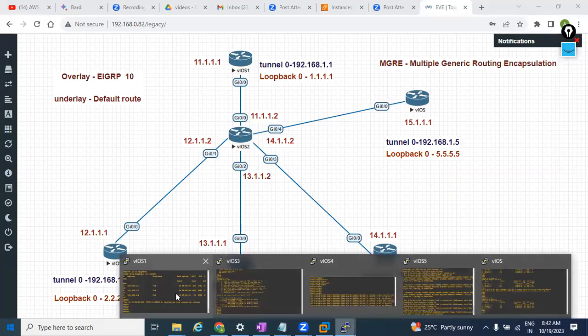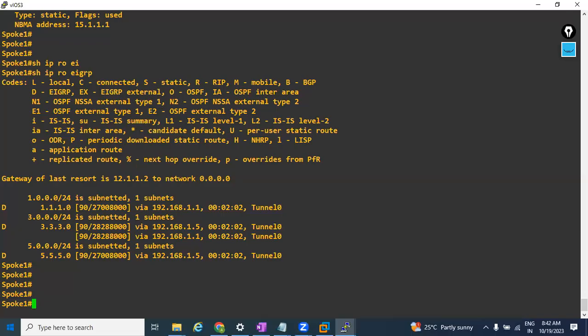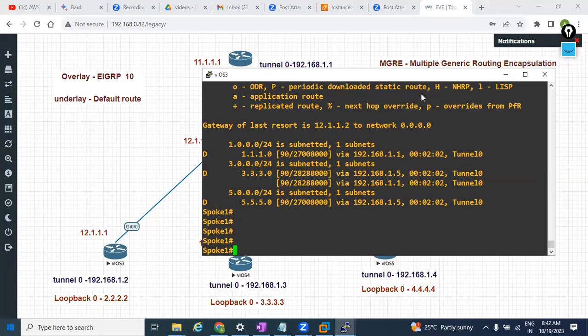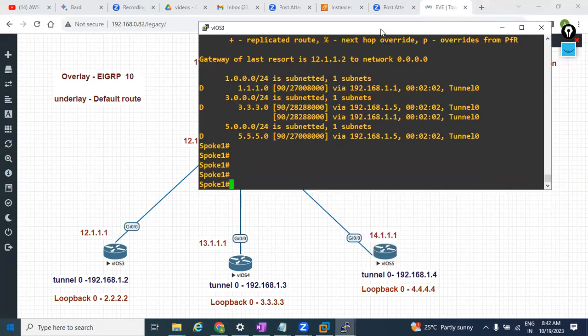Phase 1. So if you check on hub 1 now, because hub 1 is here, I have three pieces of information. What is three? Three is about my spoke 2. I have to talk about spoke 2 here. So how to reach spoke 2? Via 1.5 and via 1.2.